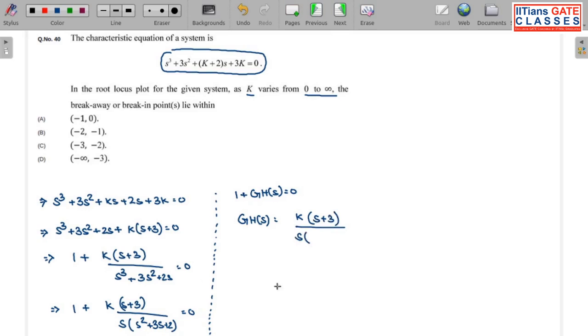I will be factorizing this, so if I do that, (s+2)(s+1). So I got the open loop transfer function for this characteristic equation given.